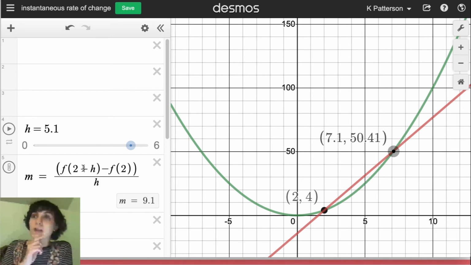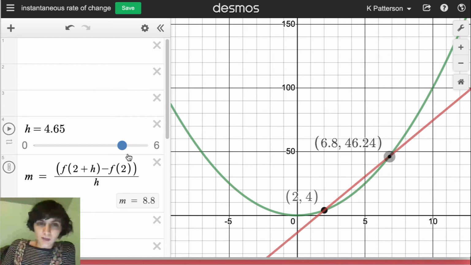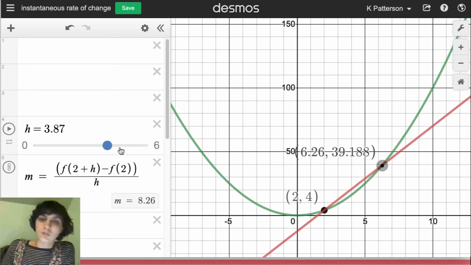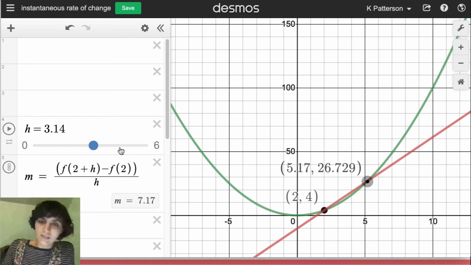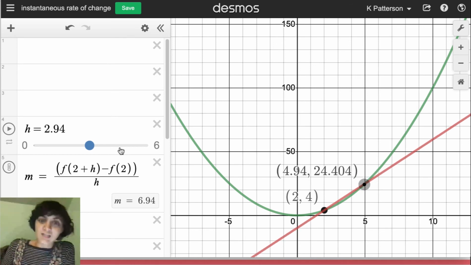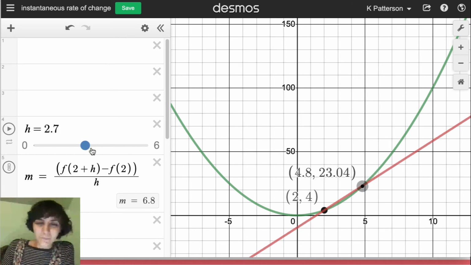But we want to now think about what is the instantaneous rate of change when I get close to a. So at a, in this case, that means at 2. So I am going to start moving my h value to get closer and closer to 2, so I can find the instantaneous rate of change at 2.